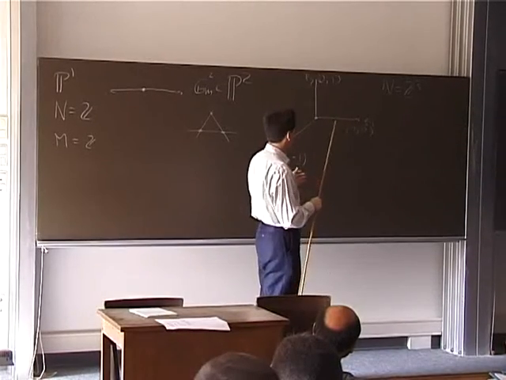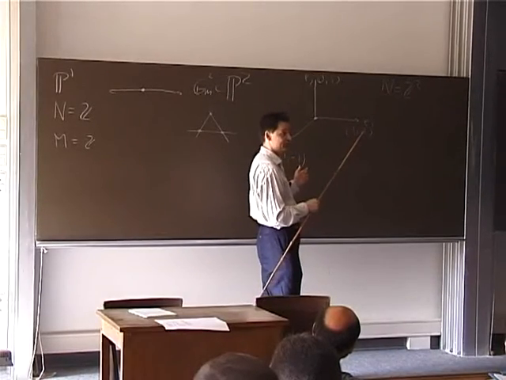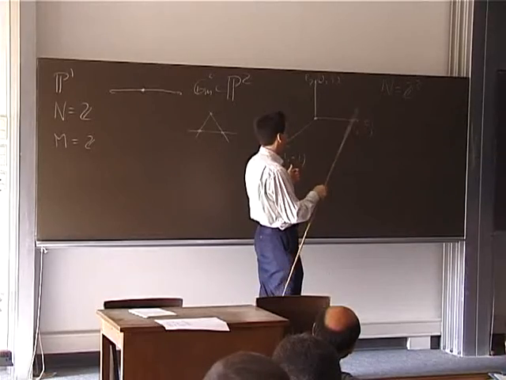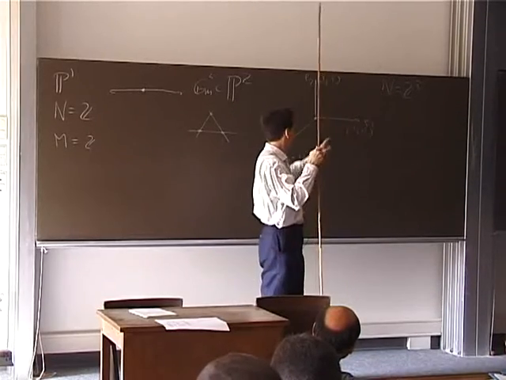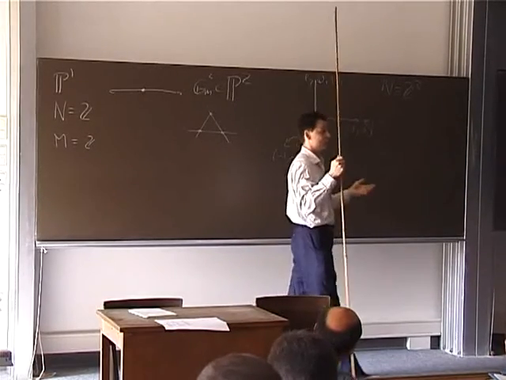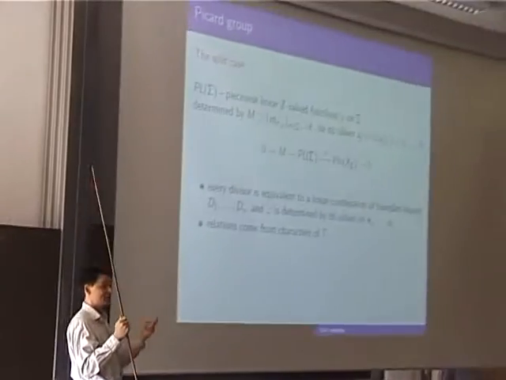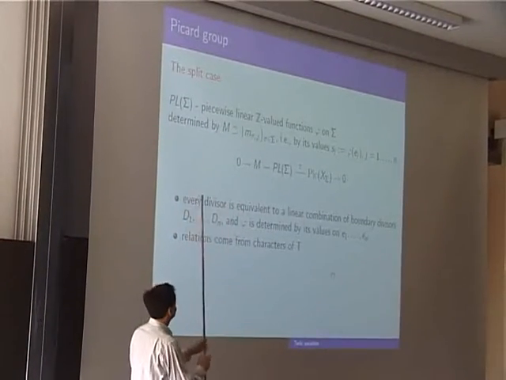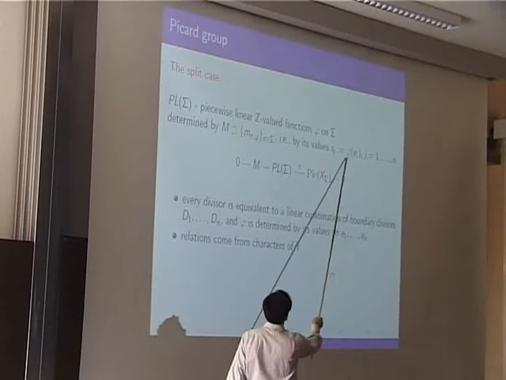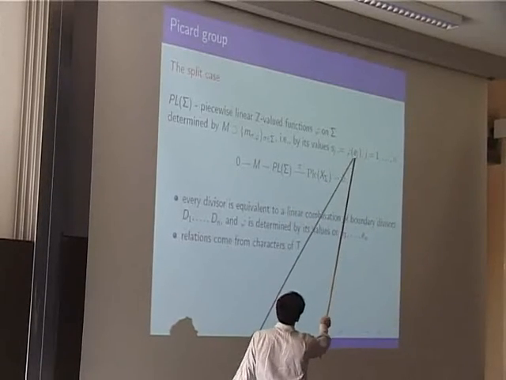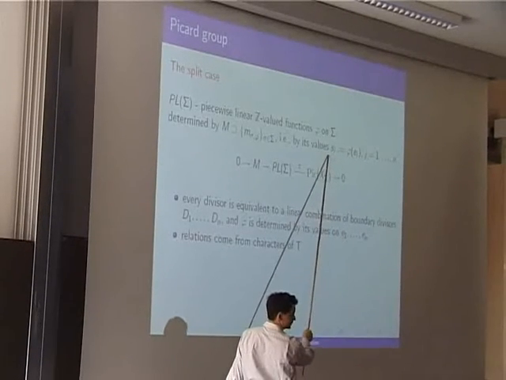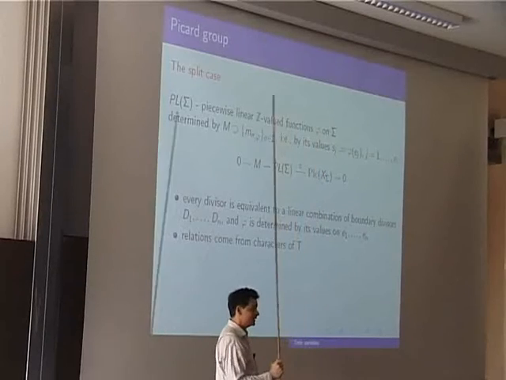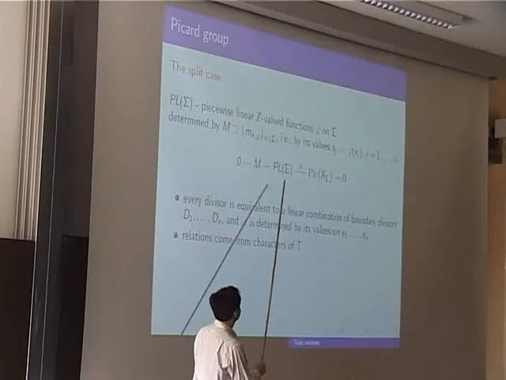So in other words, it prescribes the values of your function on one-dimensional generators. But you have n of those, and they correspond to the boundary components. So if you prescribe n integers, so for each e1, e2, en, you prescribe some integer, then you get yourself a divisor. So that's what it is.